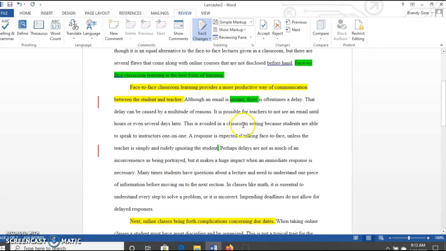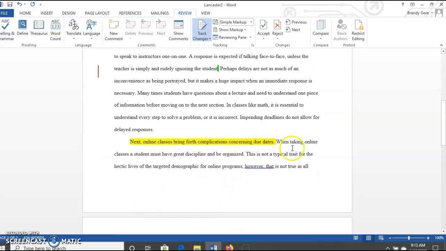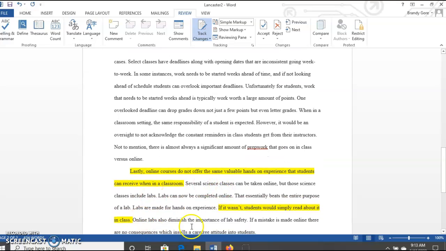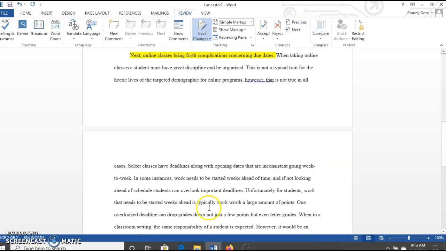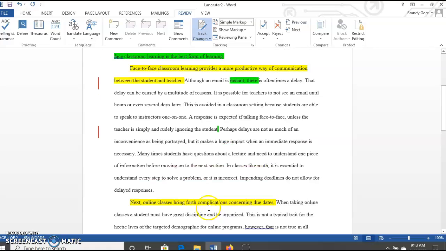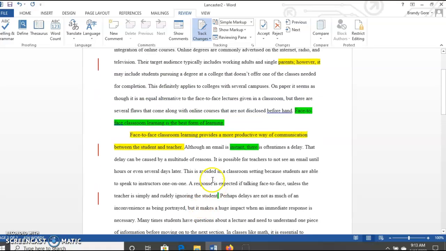So, all of this has to do with communication. All of this has to do with due dates. And all of this has to do with hands-on experience. And so that's very important. A lot of you got the message to focus your paragraphs, and that's what I mean. Have topic sentences that tell me exactly what the paragraph is about and support those topic sentences with enough good detail.